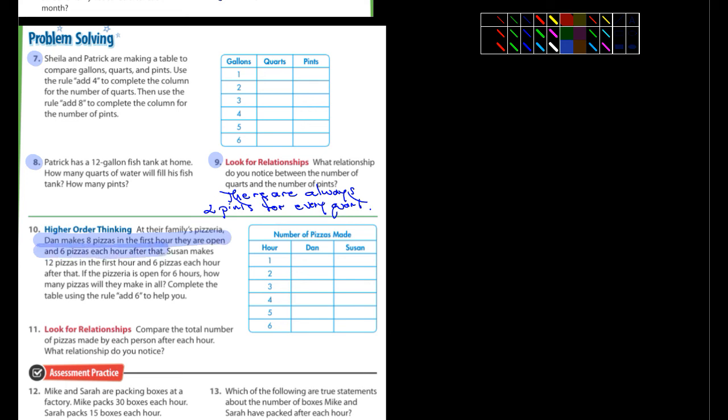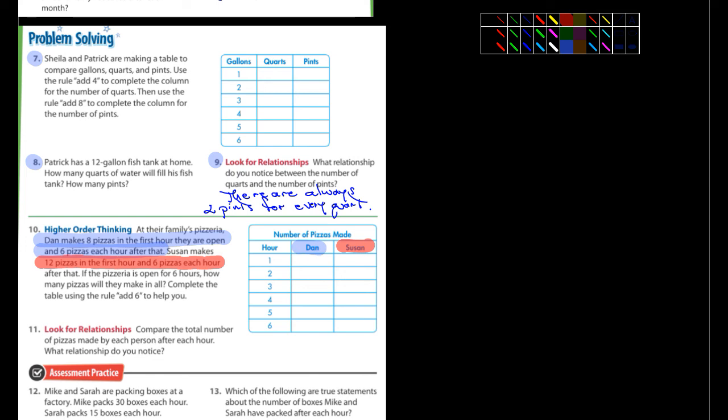And then Susan here, 12 the first hour and 6 also after each hour. So there's Susan, and here's Dan. Okay, so that's kind of interesting.